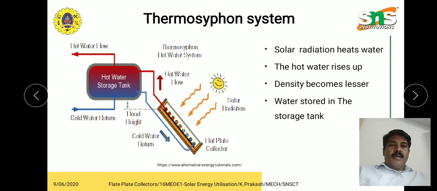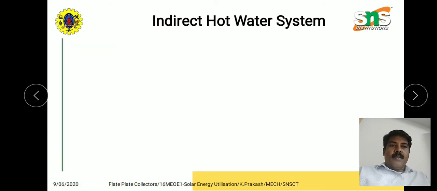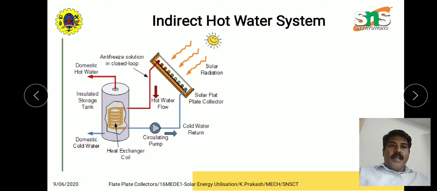So the water tubes are made to have more contact area with the solar radiation. This is the thermosiphon method, and now we will go to indirect heating methods, or the indirect hot water system.